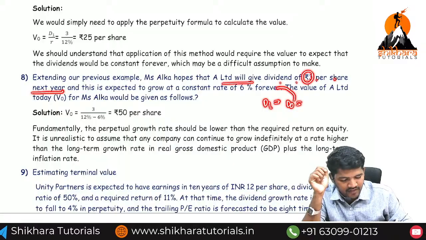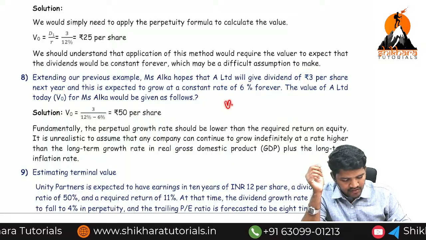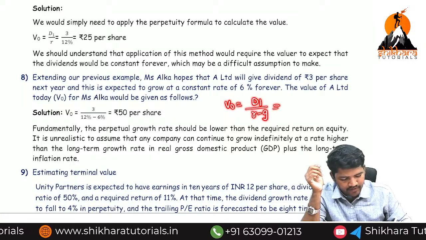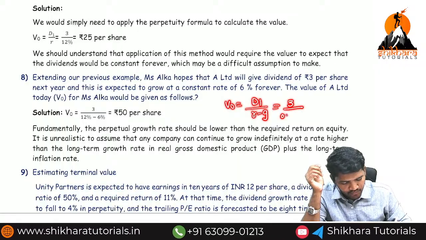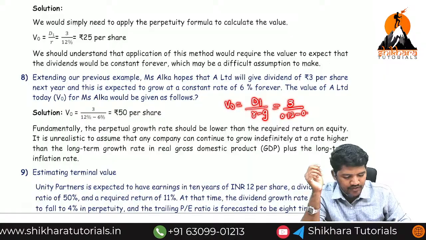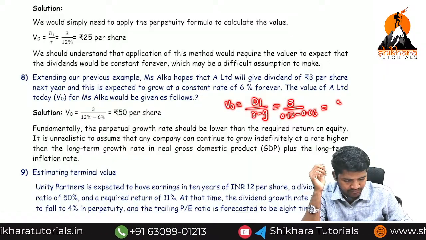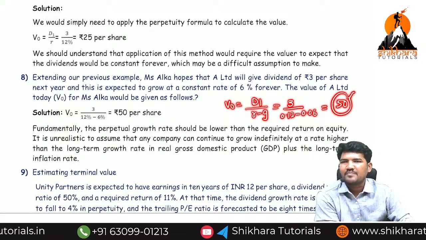You need to convert D0 into D1. Are you clear? Now here also V0 equals directly D1 divided by R minus G. What is D1? 3 divided by R, 0.12 minus G, 0.06. 3 divided by 0.06: 50 rupees. Guys, clear? MCQ based questions.